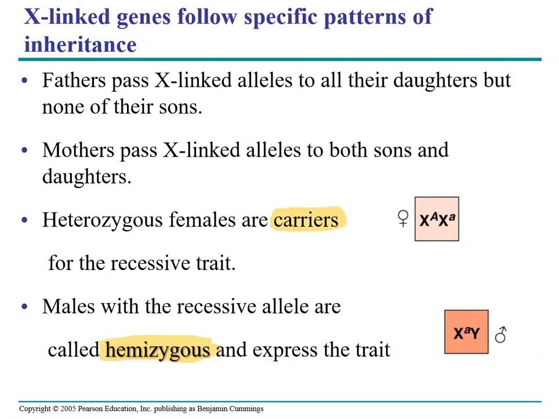So whereas a female who only has one recessive allele will not express the trait, she'll be still normal. A male only needs that one recessive allele to show the trait, or the disorder in this case. This is part of the reason why you see these disorders more in males than in females. So let's do an example of a Punnett square for one of these types of problems.